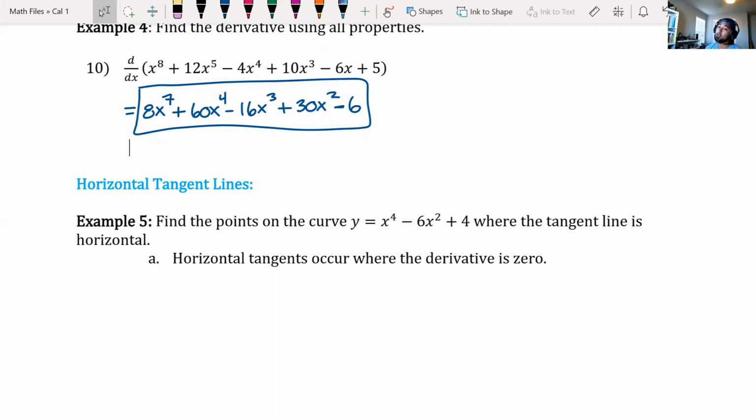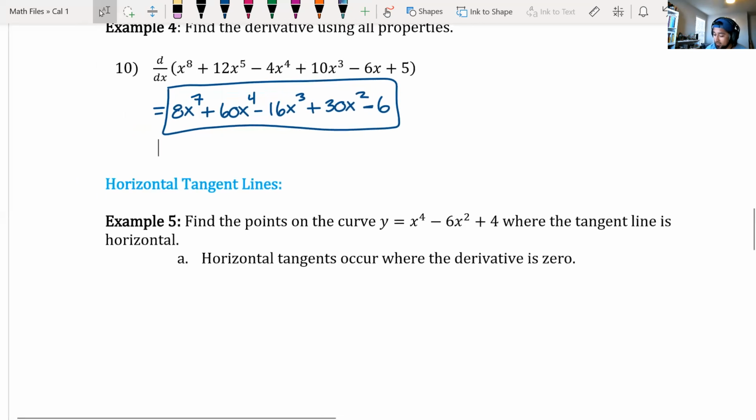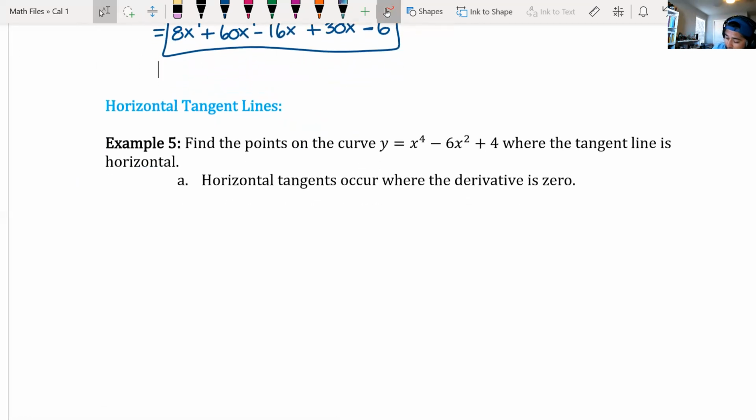So if we're looking for where a horizontal tangent line will occur, we're going to take the derivative and set it equal to what number? 0. That's it. And of course, I'll draw you a picture when we do it.